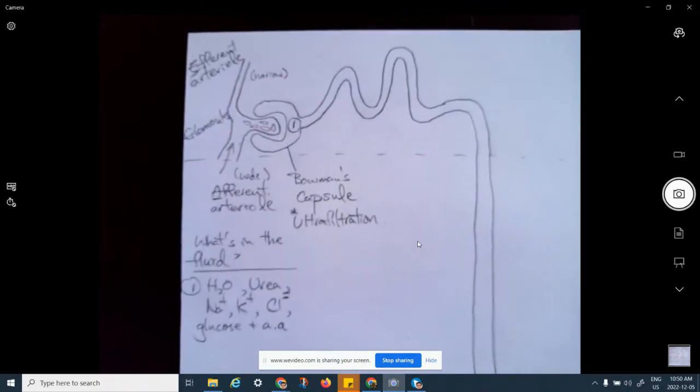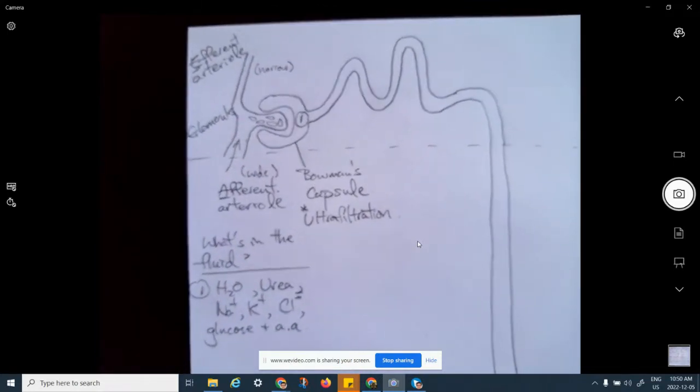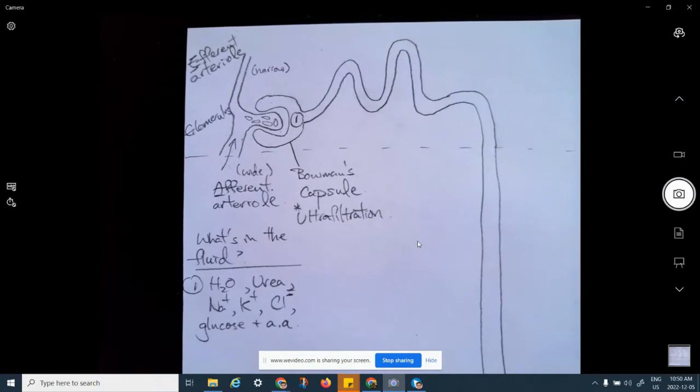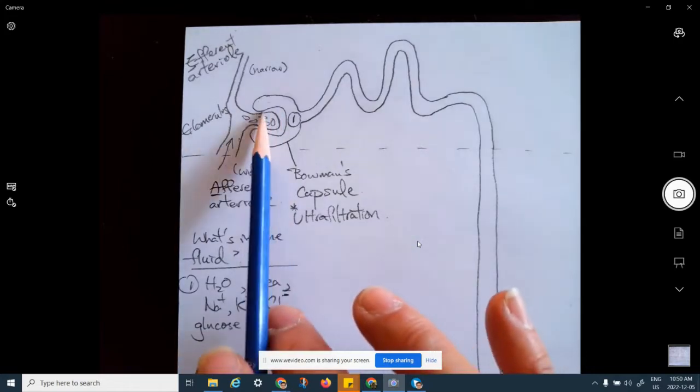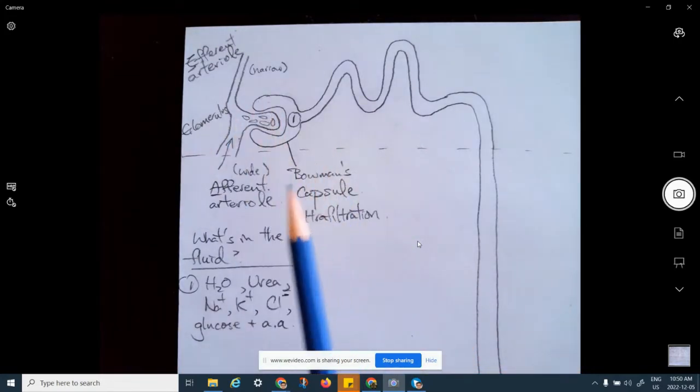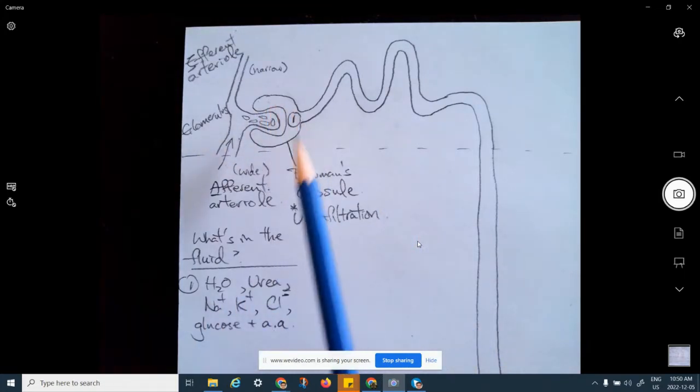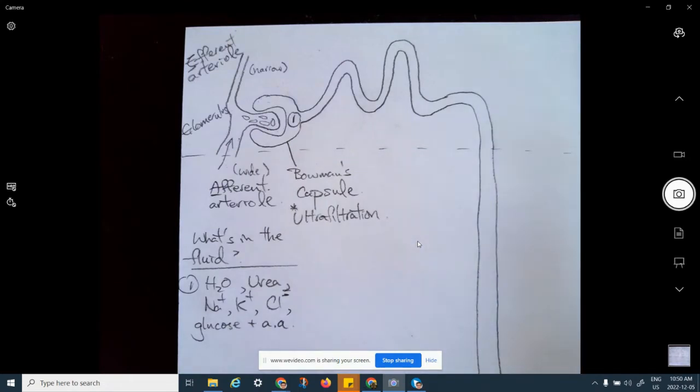Now, bigger things like red blood cells or big protein molecules will not fit through the fenestrations, so those things are going to be kept here. But anything smaller than the size of the fenestrations, like these chemicals here, will get filtered out into the Bowman's capsule.